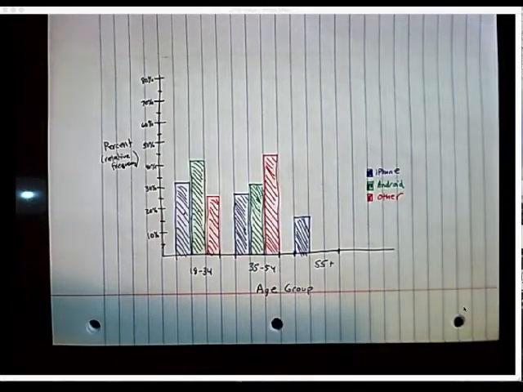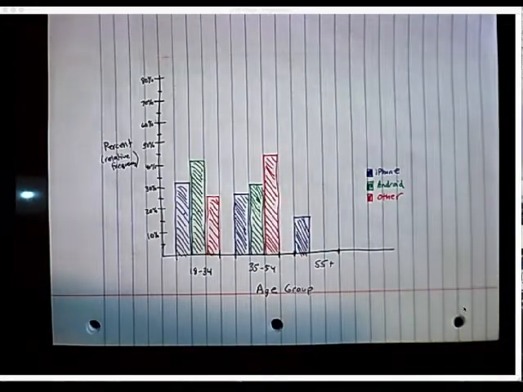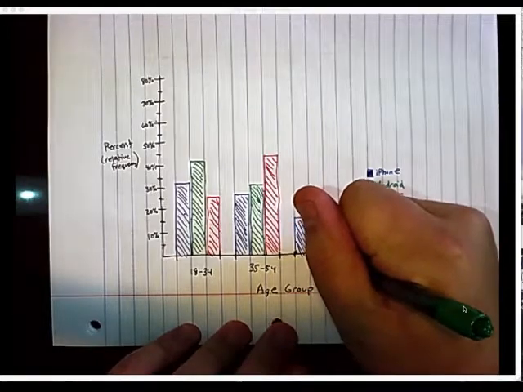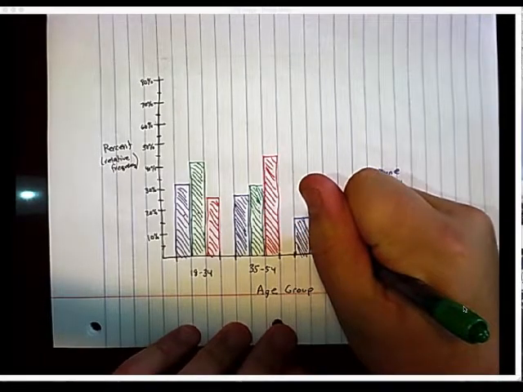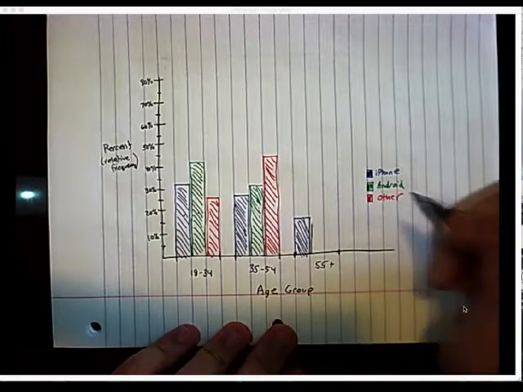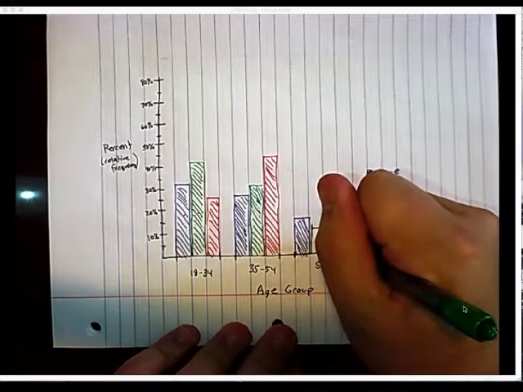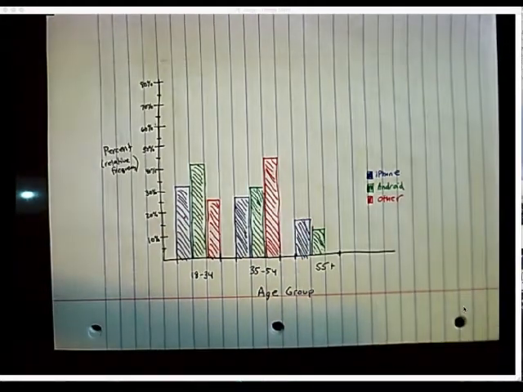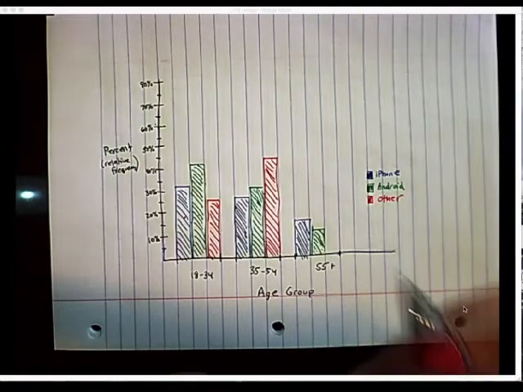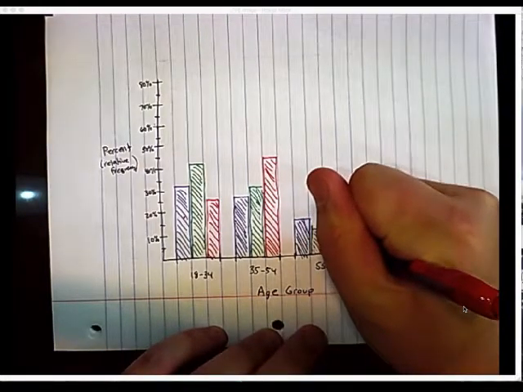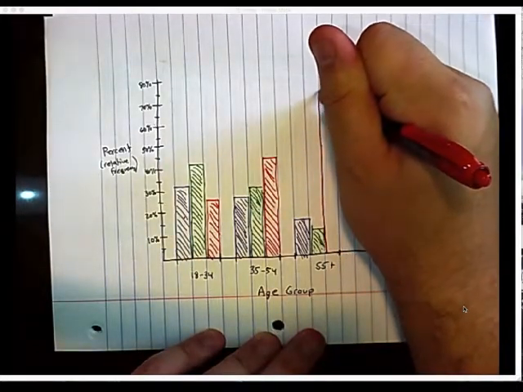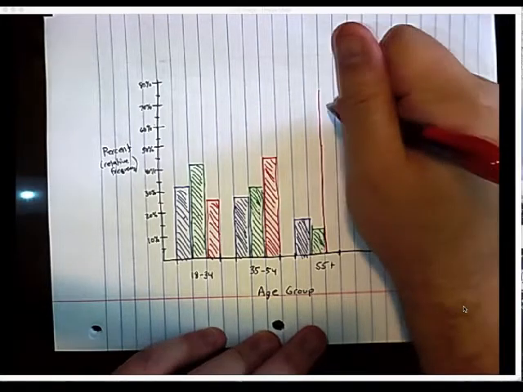I'm keeping all the bars the same relative thickness. 11.49% use Android, so that might be a shade too high. Maybe that's about right there. And about 74% use other, so it's going to go way up. Maybe about right there.